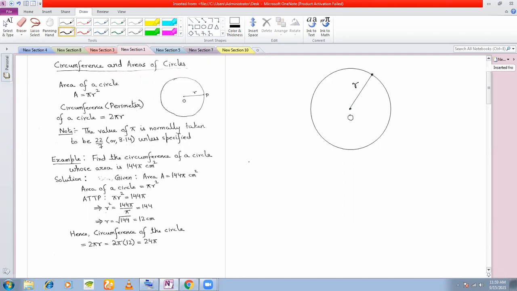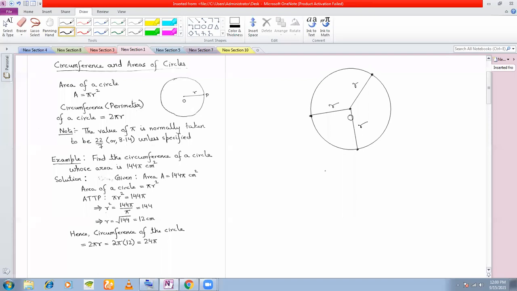Any distance of any point on the circle from the center of the circle is called the radius. In fact, you can take a point here also. This will also be a radius. You can take any point on the circle. This will be R.